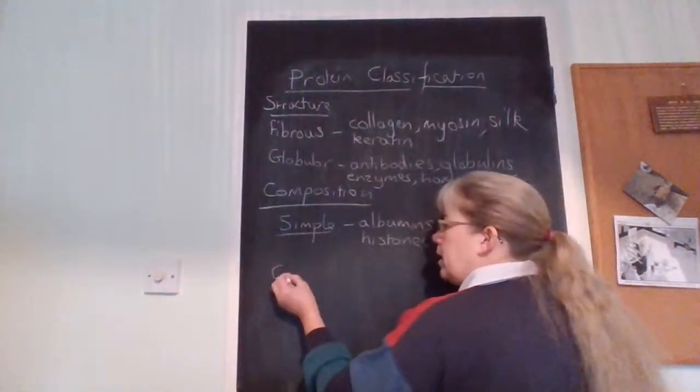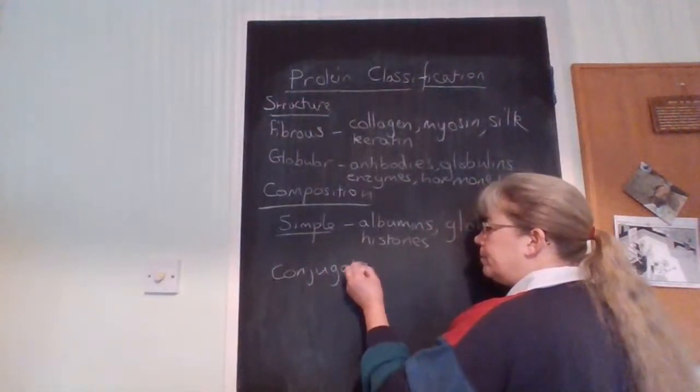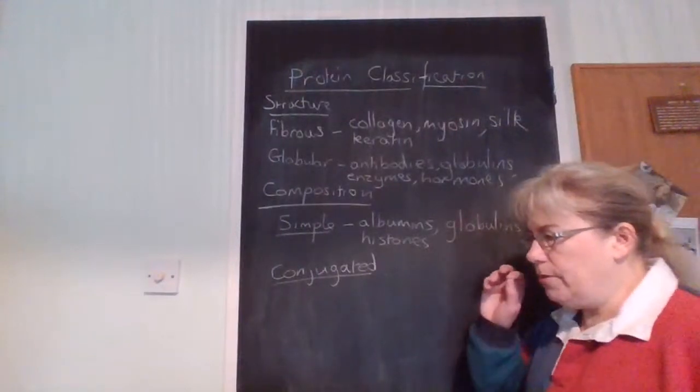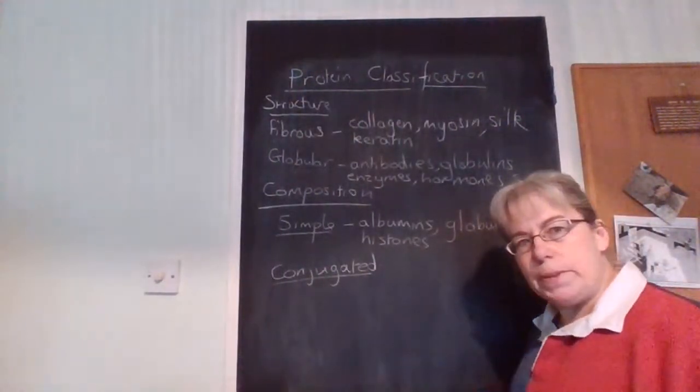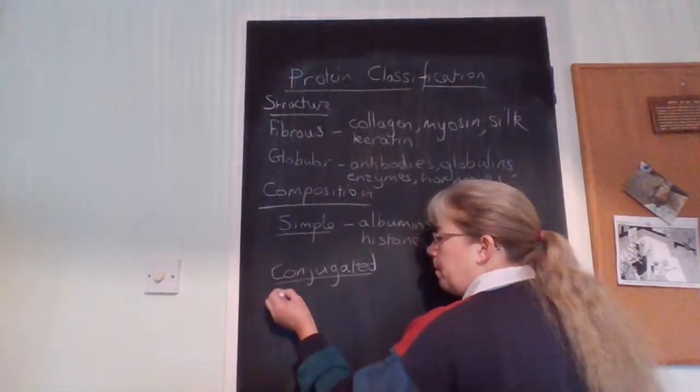And the other ones are conjugated. What on earth does conjugated mean? Conjugated ones have what we call a prosthetic group attached.